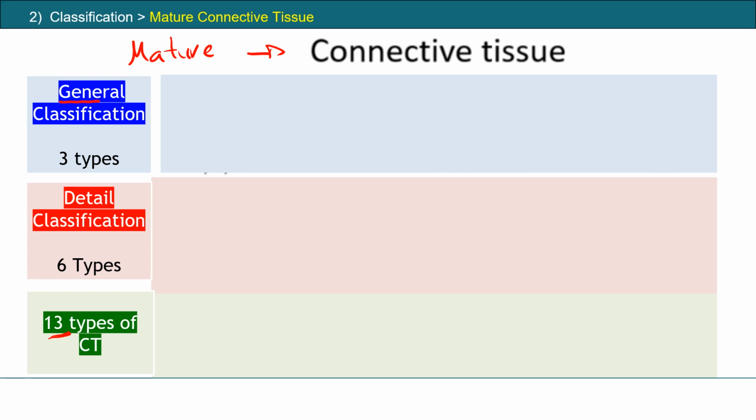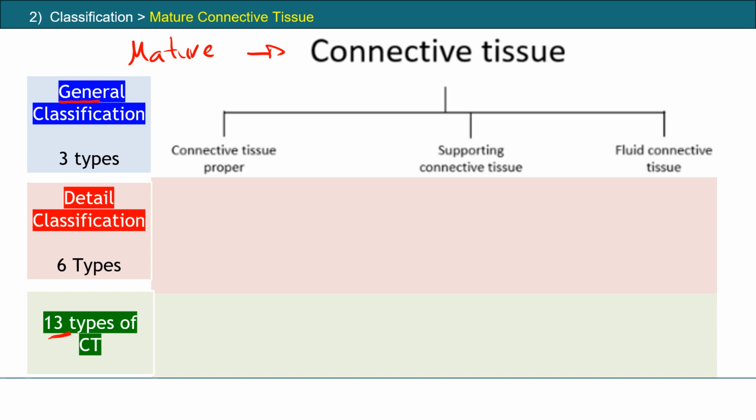So let's start. The first three general classifications are: first, the connective tissue proper; second, the supporting connective tissue; and third, the fluid connective tissue.